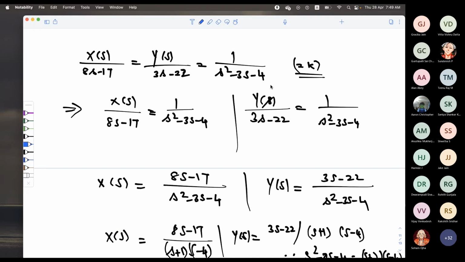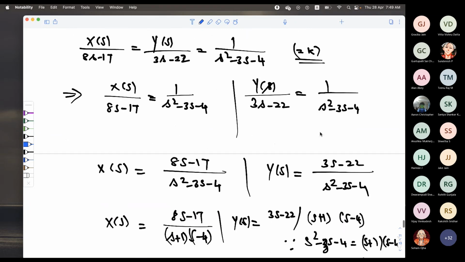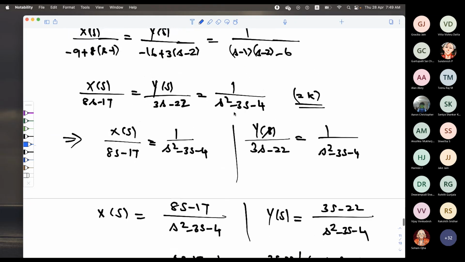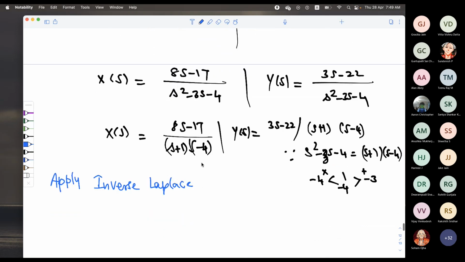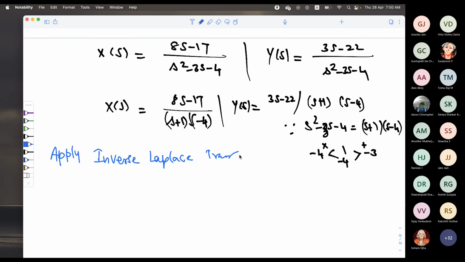Both the terms contain this s square minus 3s minus 4, right? See, consider this equation in this way, this and this, this and this. Okay? Yes, sir, got it. Both the terms should contain the same thing only. Okay, s plus 1. Apply inverse Laplace transform.